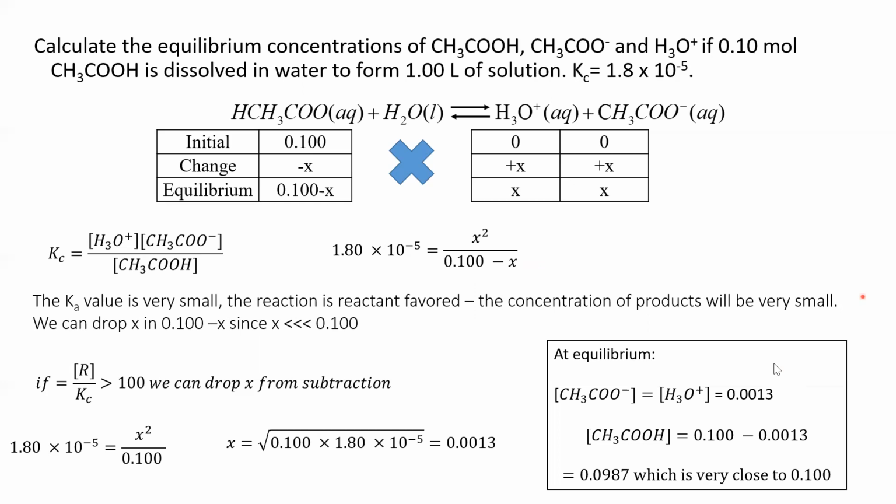That means the concentration of H3O plus, hydronium, and the concentration of CH3COO, acetate, are both 0.0013. And the acetic acid is 0.100 minus 0.0013, but that's so close to 0.100 that it's okay for us to do that. If we had gone through the quadratic equation, we would have gotten the same answer with a couple of significant digits. So we've just made the math easier.